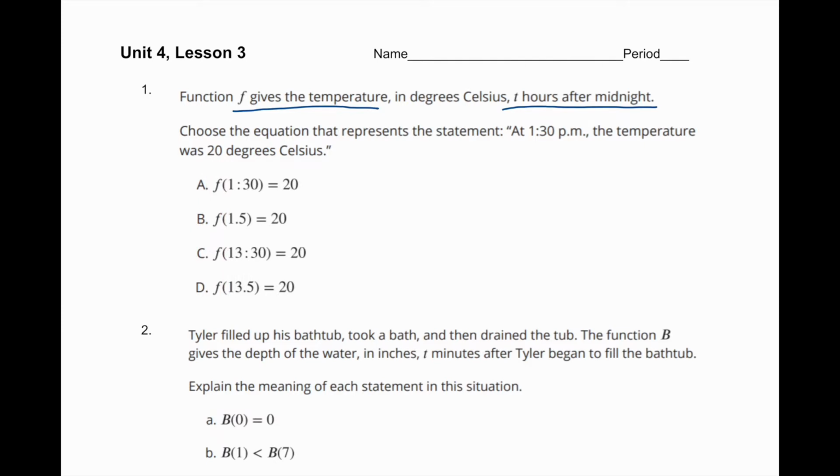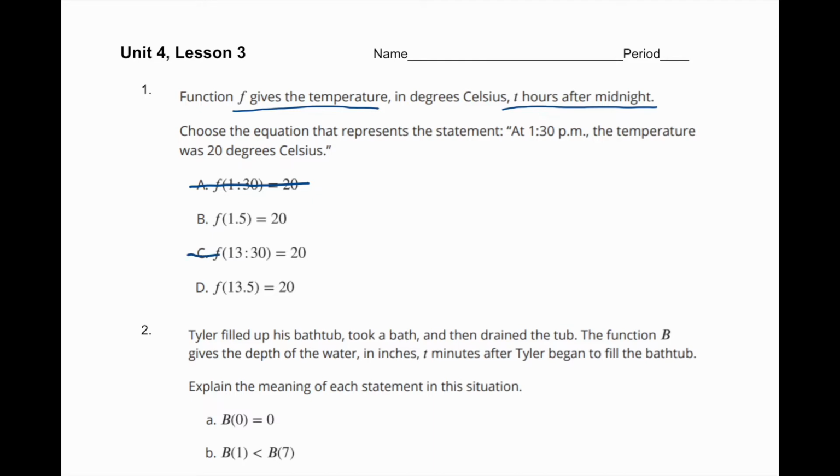And we want it to be 1:30 p.m. and the temperature to be 20 degrees Celsius. So 1:30 p.m. is an hour and a half after noon, but not after midnight. We have a couple of things that are not going to be answers. We can't use A because we're not going to use 1:30 as our input; we're using hours after midnight, so we're not going to use a time format.